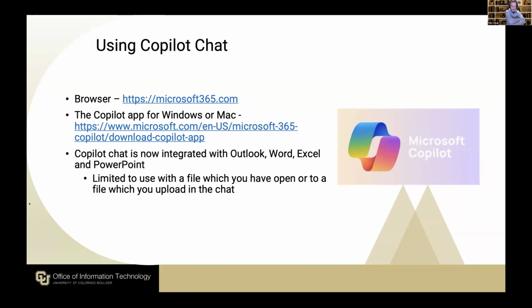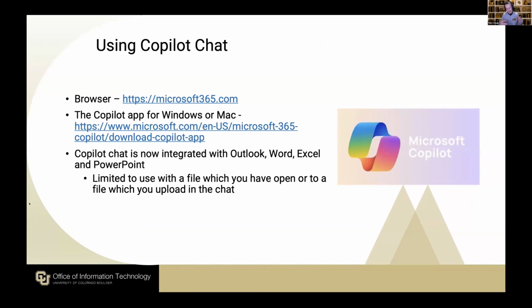So the basics, using Copilot Chat. Microsoft has made this fairly easy. They've essentially made the Microsoft 365 landing page Copilot. So when you go to Microsoft365.com in a browser, it's going to land you on the chat for Copilot. There's also a Copilot app for both Windows and Mac.